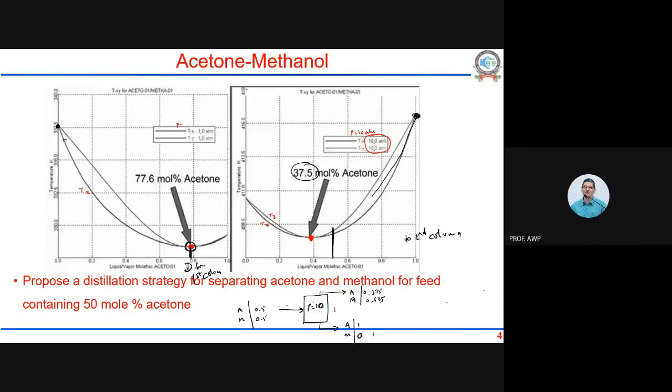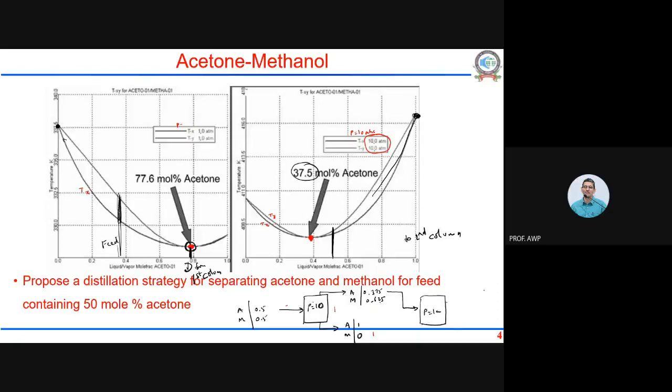Now if you take the distillate from the first column as a feed, we are at 0.375, somewhere here. Now this is our feed to the second column. We operate this column at 1 atmosphere.